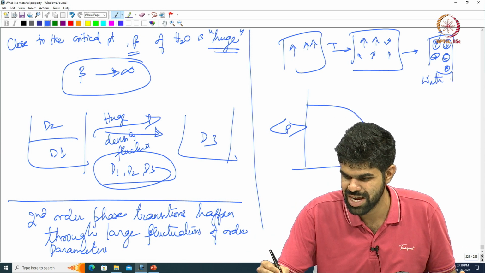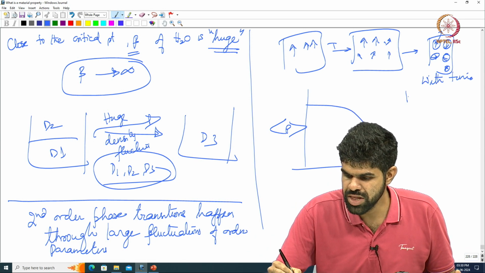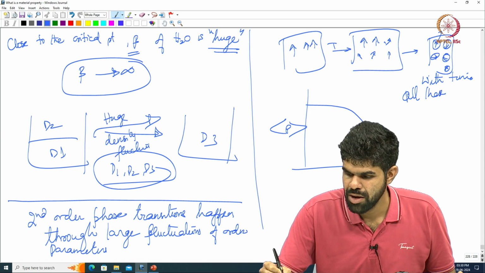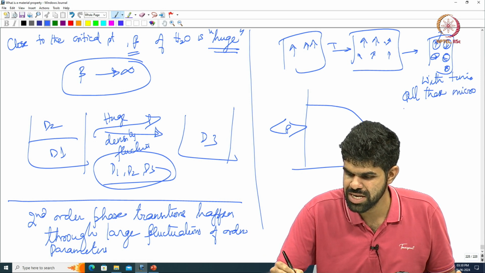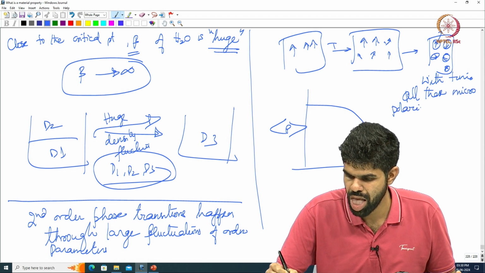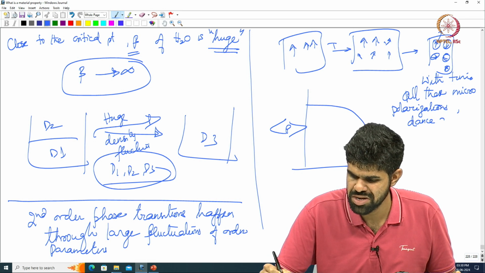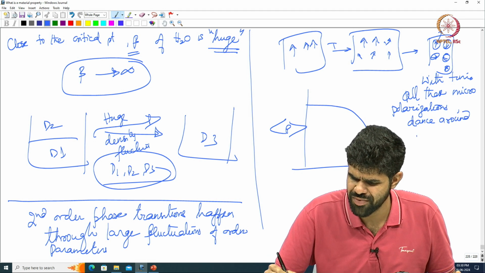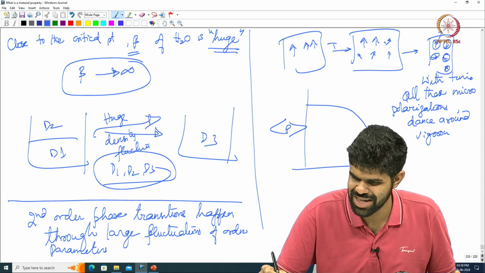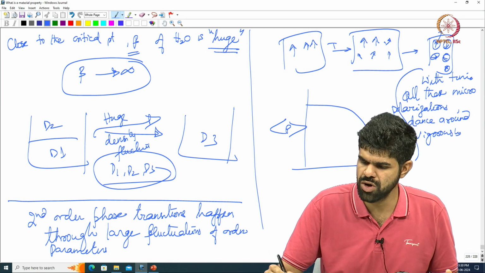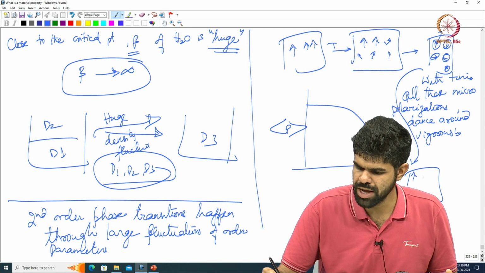All these micropolarizations dance around vigorously, okay, and eventually they all sort of freeze down to a completely disordered polarization state, right.